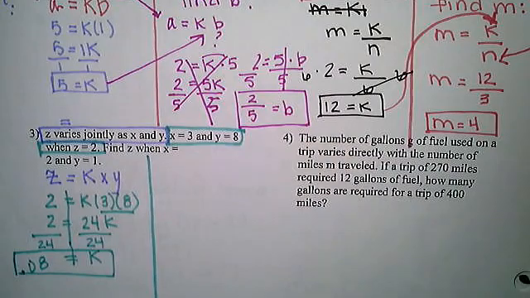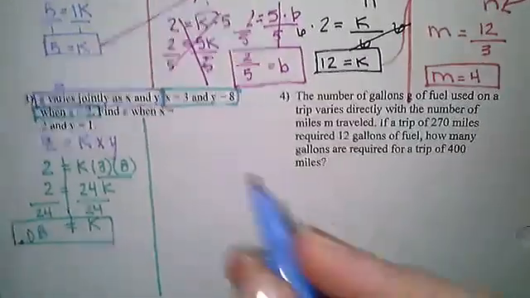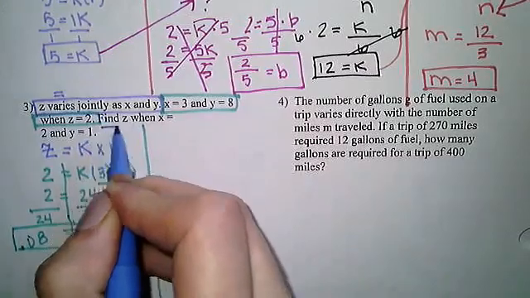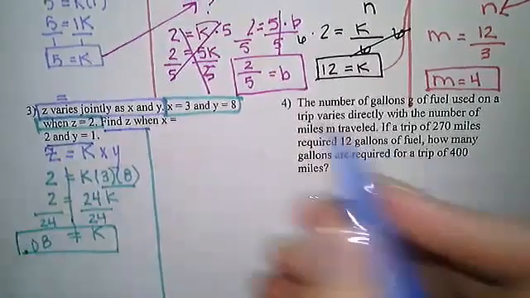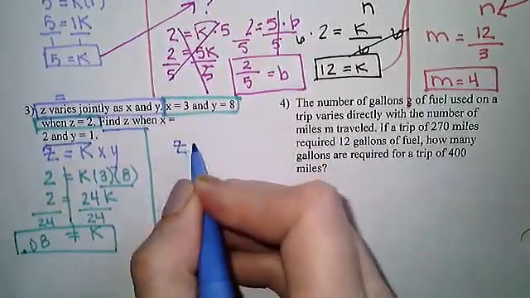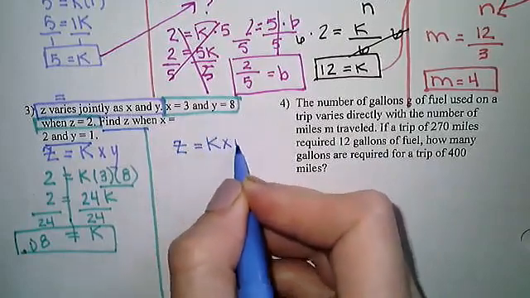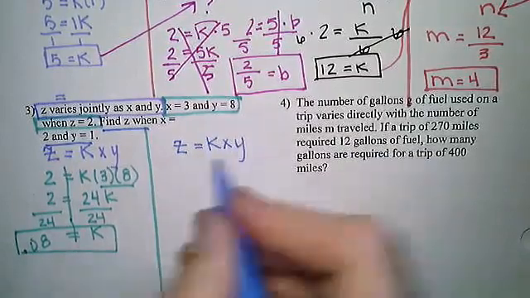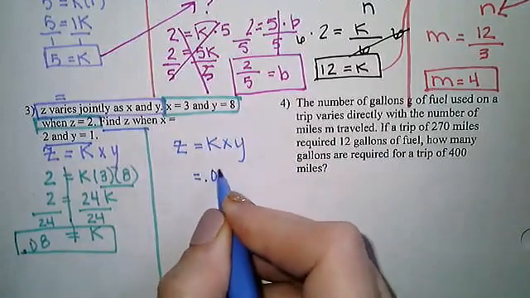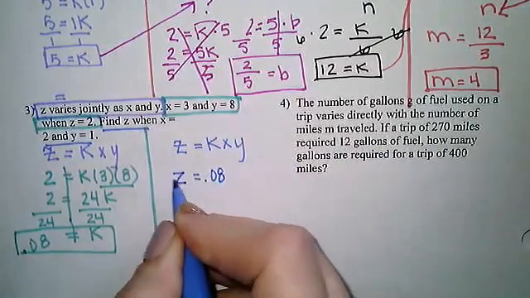Our second step is to find z. So they're asking for z when x is 2 and y is 1. We now know our k is 0.08. We don't know our z.